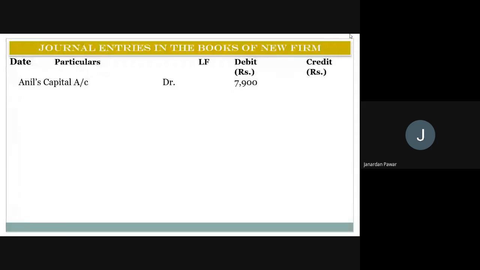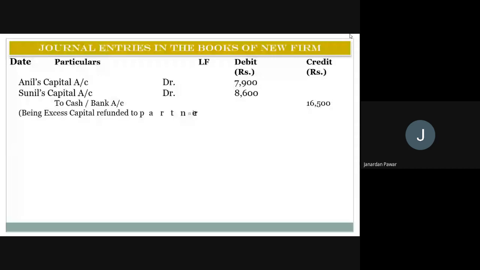So Sunil's capital also we have to debit, at rupees 8,600. Then to cash or bank account rupees 16,500, means this amount is paid by the new partnership firm to the respective partners. You can see the narration here also: being excess capital refunded to partners in cash.